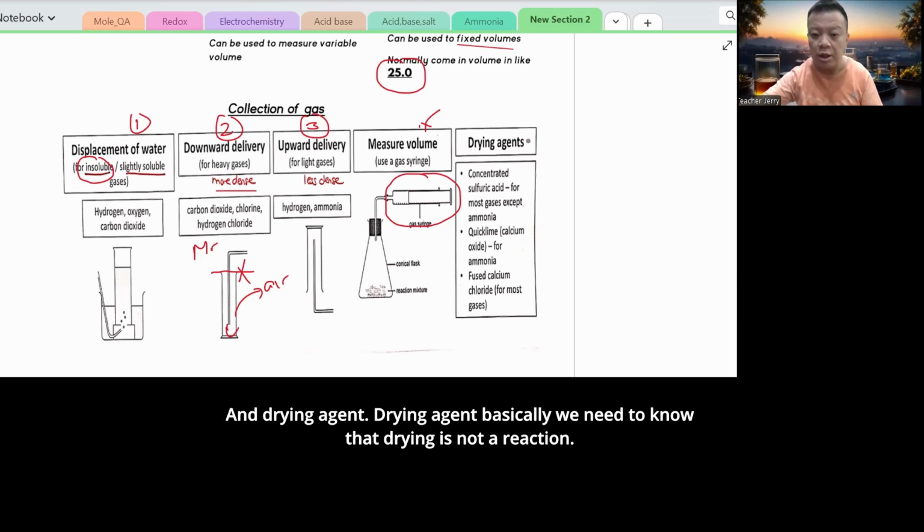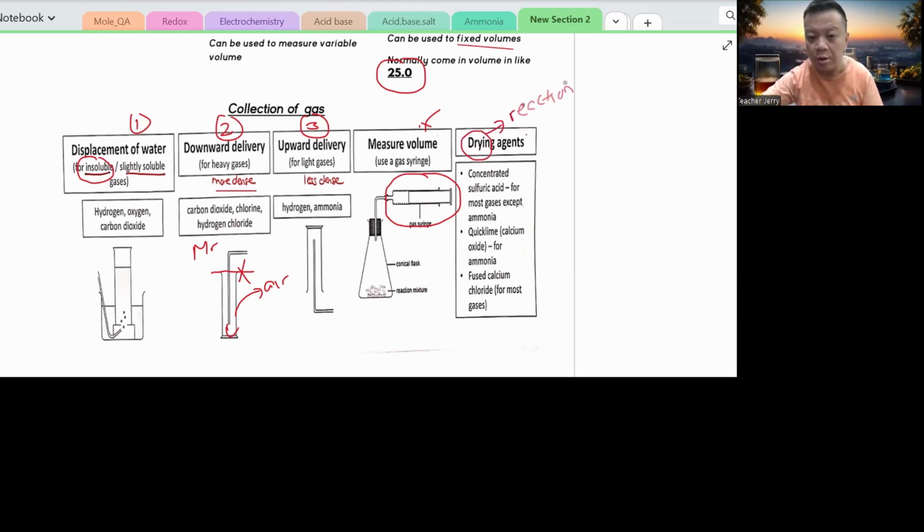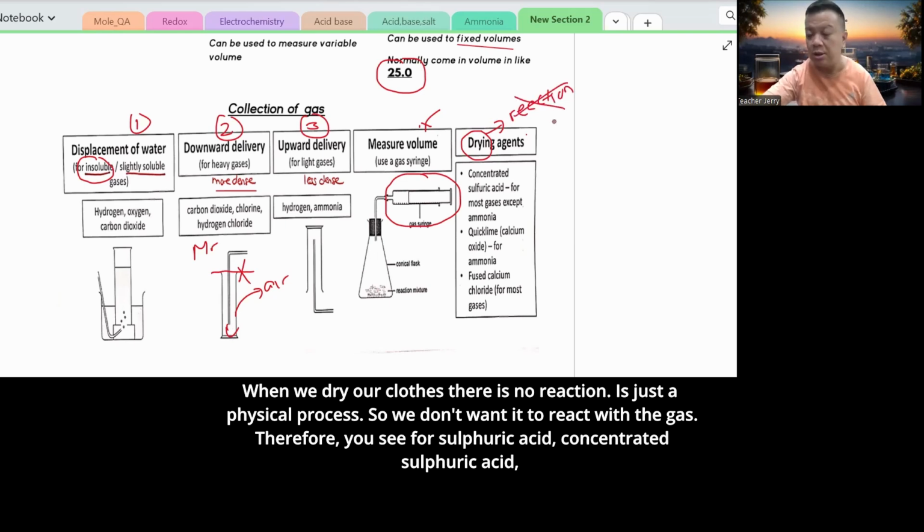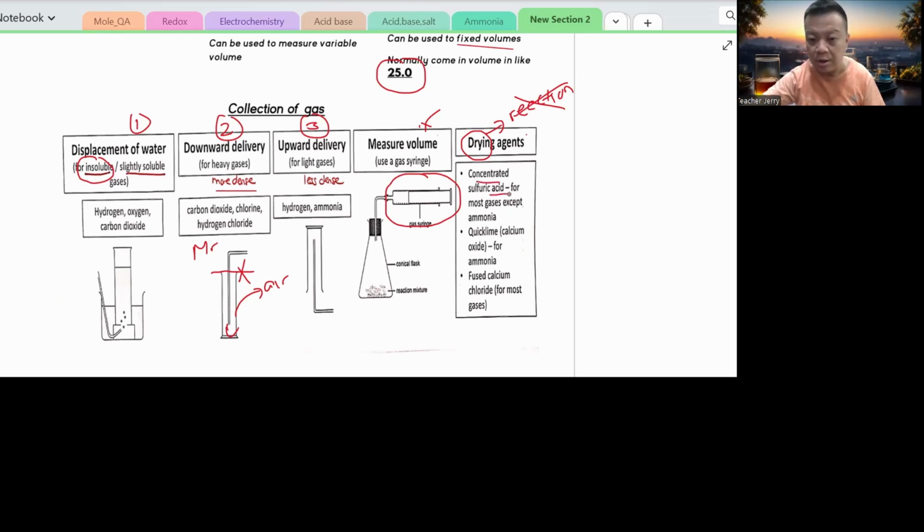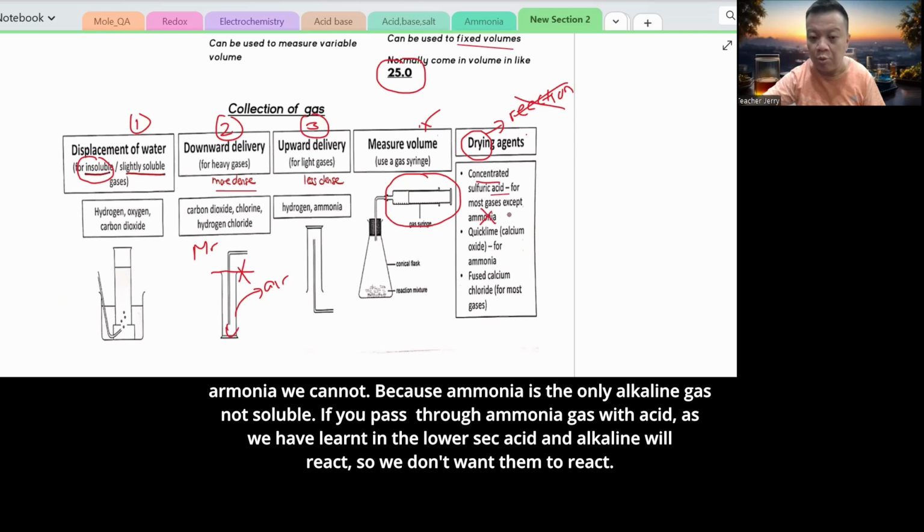And for drying agents, we need to know that drying is not a reaction. When we dry our clothes, there's no reaction. It's just a physical process, so we don't want the drying agent to react with the gas. Therefore, for concentrated sulfuric acid, we cannot use it with ammonia, because ammonia is the only alkaline gas in our syllabus. If we pass ammonia gas through acid, as we have learned in lower secondary, acid and alkali will react, and we don't want them to react.